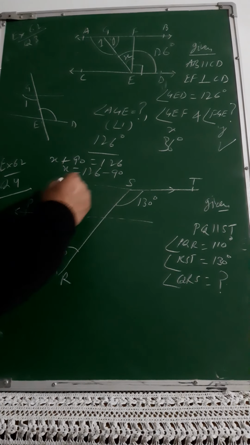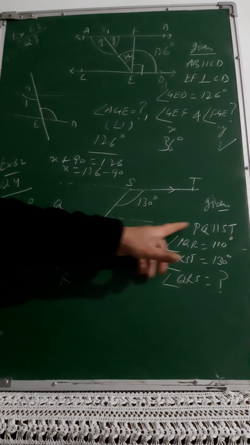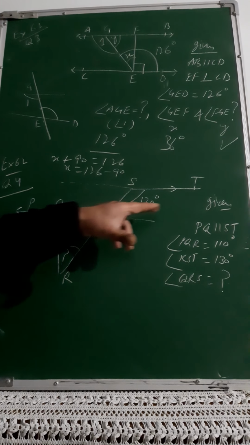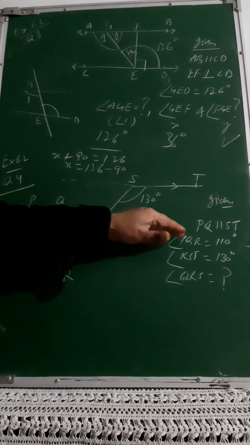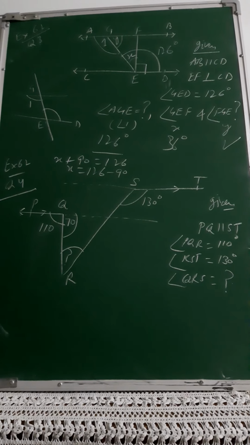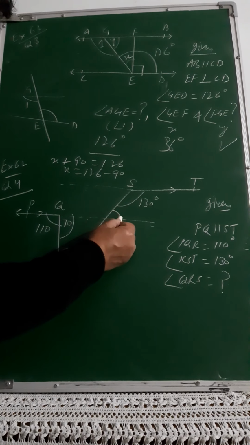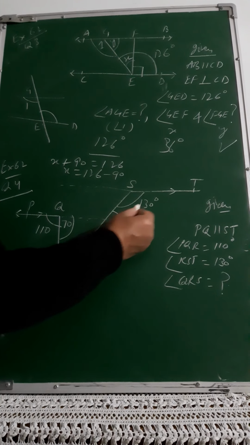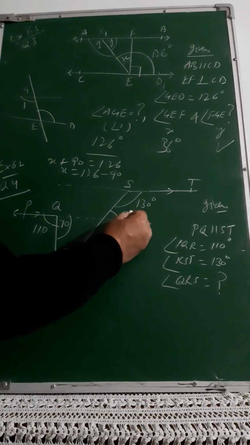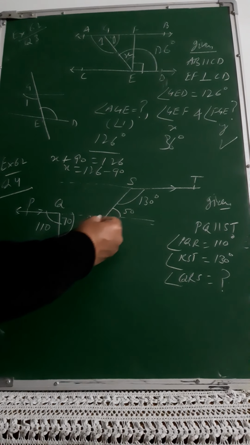And here, as PQ is given parallel to ST, remember whatever is given to me, I have to make use of that. So if PQ is parallel to ST, then the extended part of PQ will also be parallel to the extended part of TS. So these two are parallel, and here I am getting these two as co-interior angles. You know the sum of co-interior angles is 180 degrees, so this will be equal to 50 degrees. And then you are getting a pair of vertically opposite angles.